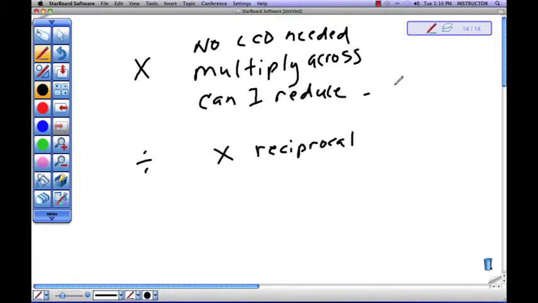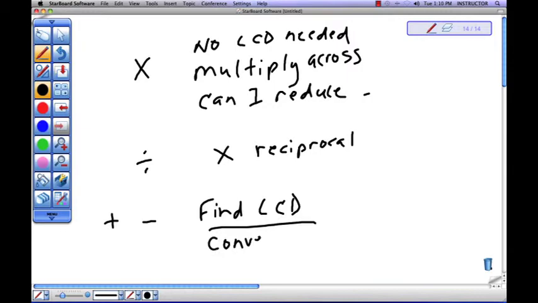Now, when we get into adding and subtracting, we do need to find the least common denominator. Then we convert our fractions. And then we solve our problem.